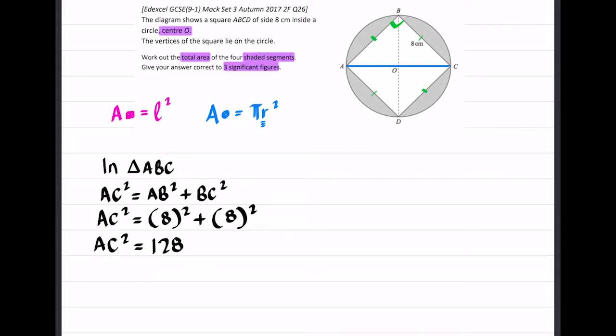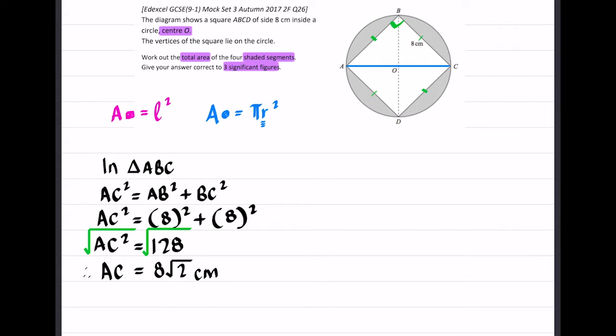But I don't want AC squared, I want AC by itself, so I'm going to square root both sides of this equation. The square root of AC squared is AC, and that is equal to the square root of 128. I'm going to keep it as a surd so that I can keep all my decimals. So I have 8 root 2, and the unit would be centimeters.